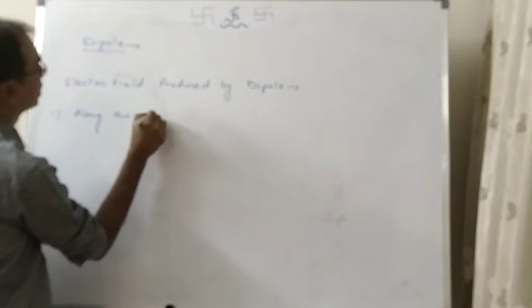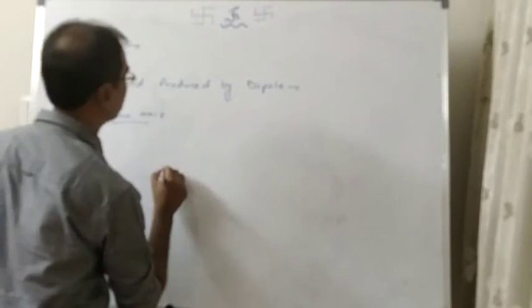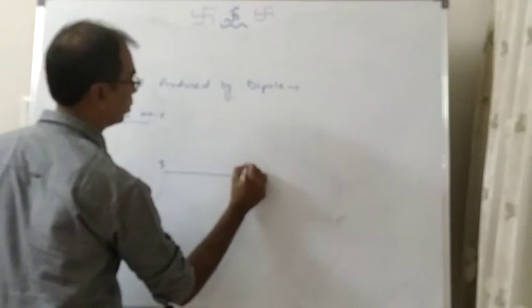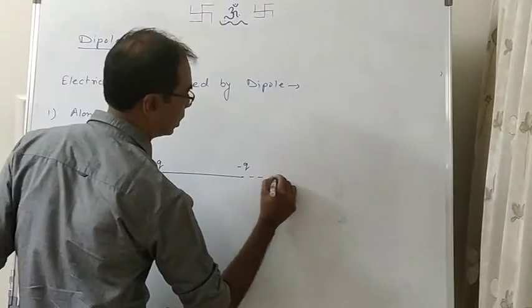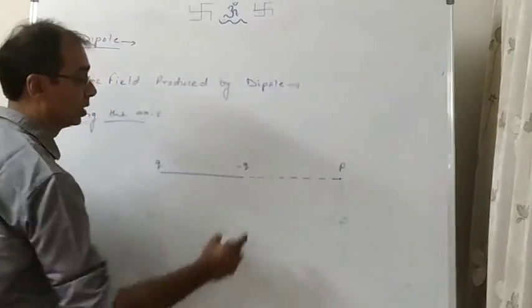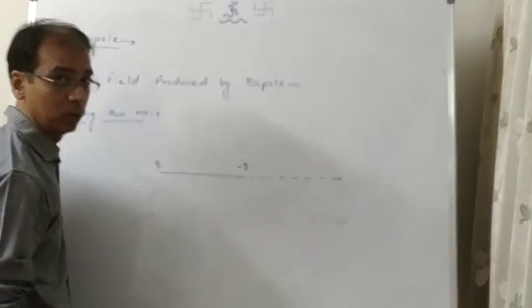Along the axis. Okay, so this is the dipole. Just check that. Here I am going to keep plus q, here I am going to keep minus q. Okay, and suppose here is the point where we are trying to find the electric field. And this point P, actually, P I am not taking because P will be used as dipole moment also.